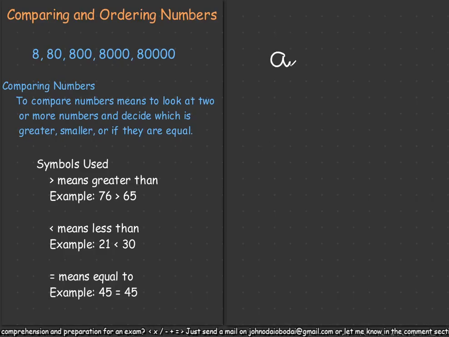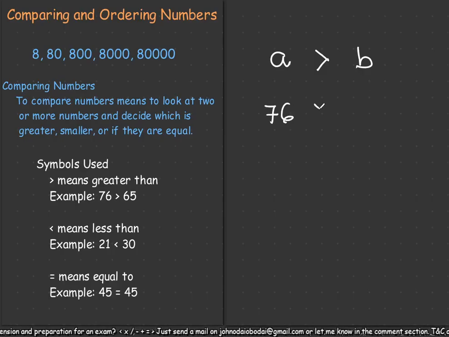So if you have two numbers, let's say A greater than B, if you put this symbol over here, all you are trying to say is the number A is bigger than the number B. So looking at this example, if I say 76 is greater than 65, then all I'm trying to say is 76 is a bigger number as compared to 65.